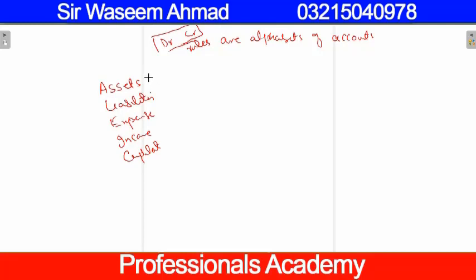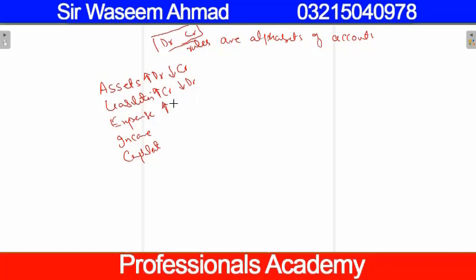If an asset increases as a result of a particular transaction, it will be recorded as debit, and if it decreases as a result of a particular transaction, it will be recorded as credit. And if in a transaction a liability increases, it will be recorded as credit, and if it decreases, it will be recorded as debit.